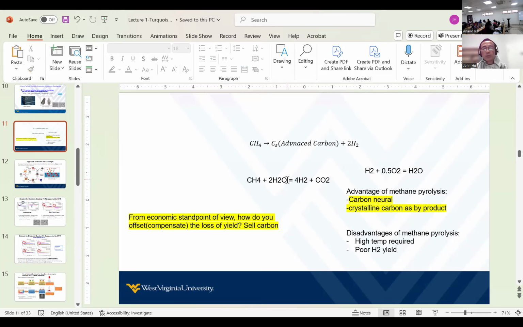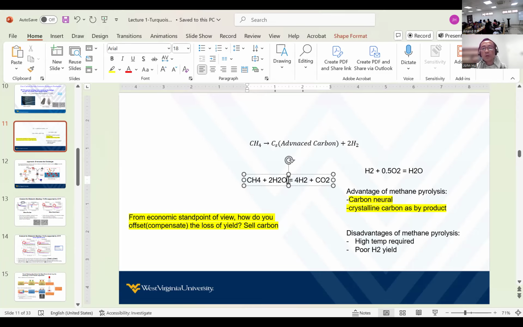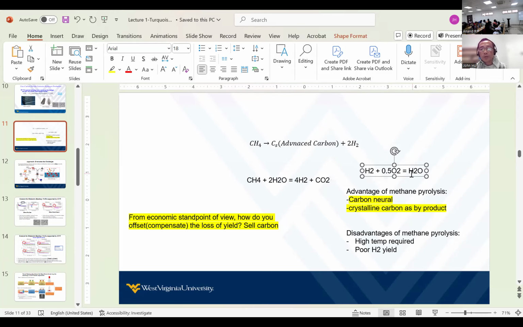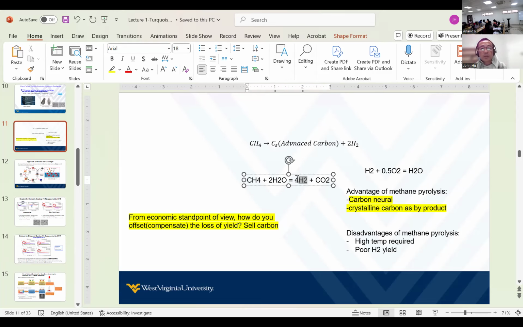True, because of clean water, you have to do the membrane treatment. But the water will be recycled. So if you look at it from a global point of view, unless you don't combust hydrogen, what do you use hydrogen for? Because you have to use hydrogen to generate power.